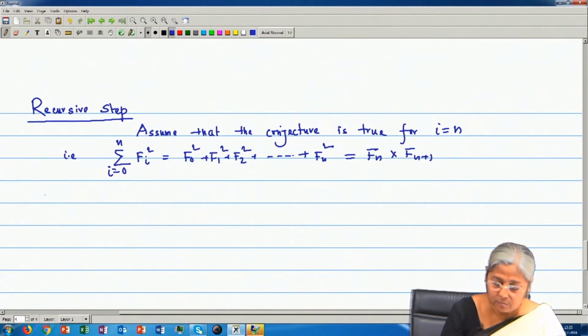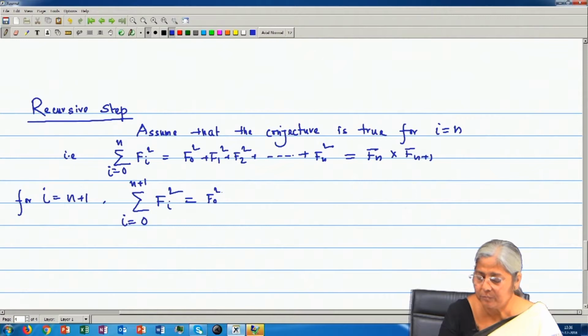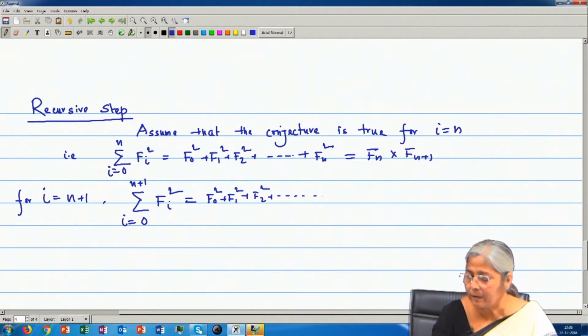So, for i equal to n plus 1, we have to show that the conjecture is true. The sum from 0 to n plus 1 of f i square is f 0 square plus f 1 square plus f 2 square up to f n square plus f n plus 1 whole square.